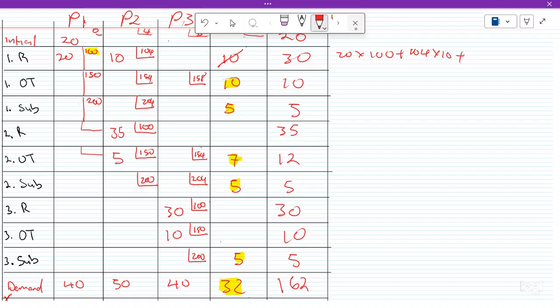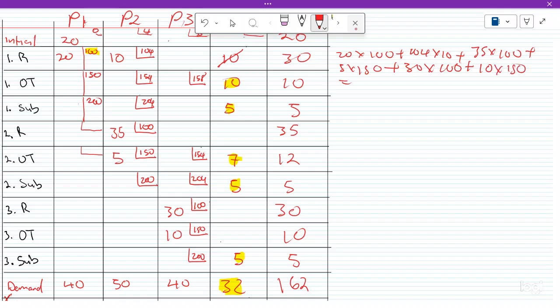plus you go to 35 multiplied by 100, plus 5 multiplied by 150, plus 30 multiplied by 100, plus 10 multiplied by 150 equals.